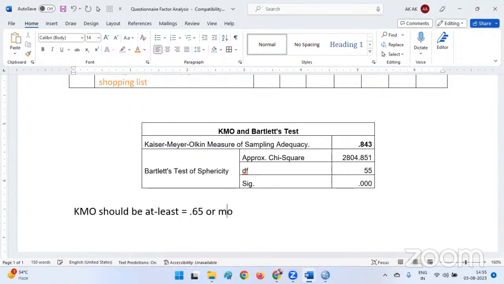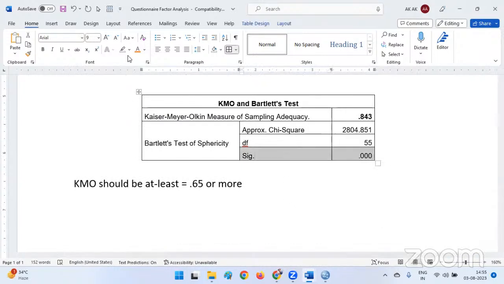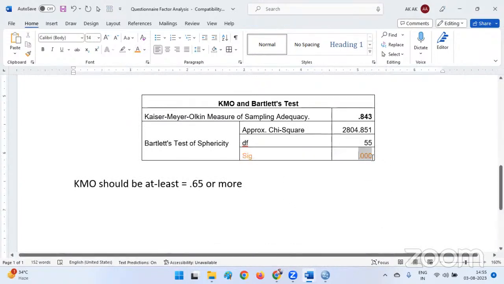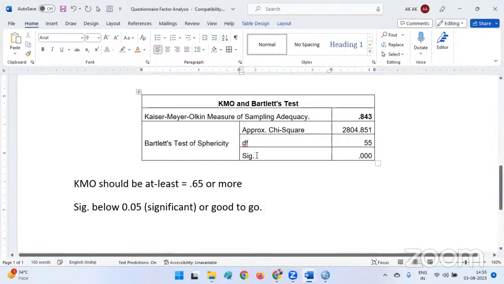0.65 or more. Okay. The significance should be below 0.05, then we call it significant or good to go. So there is enough variability, enough variation in the data.